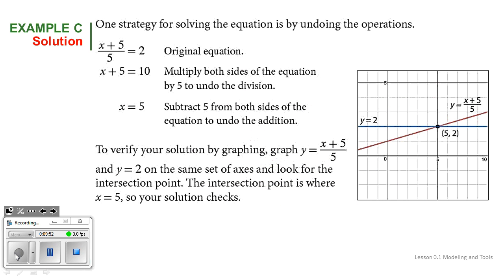If I enter it that way, notice that my solution for those two lines is 5, 2. So the x value was indeed 5, and that is what we got. So our solution checks out. Using this model, we can see that our solution checks out.